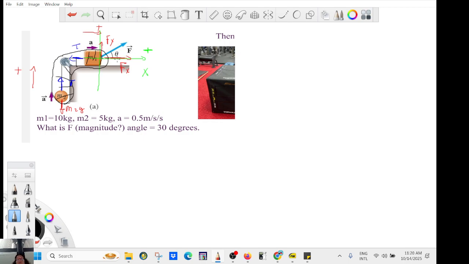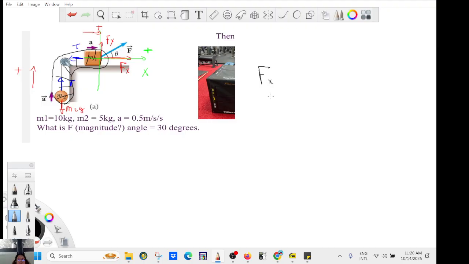So what is the driving force here? What makes the thing accelerate to the right? Yes, the x component, right? We don't know what we have to find, so I'm going to call it the x component.